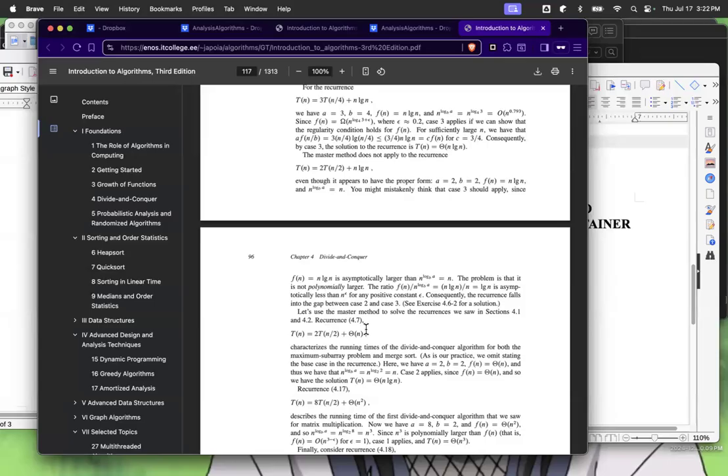So they can't be in theta of the exact same running time class. They have to be polynomially larger or smaller. And that's how you do it. So if n to the log base b of a is larger than this simple term here, then you choose the n to the log base b of a part. Otherwise, you would choose the right-hand side. Now, if that doesn't work, then you would choose n to the log base b of a times log n.